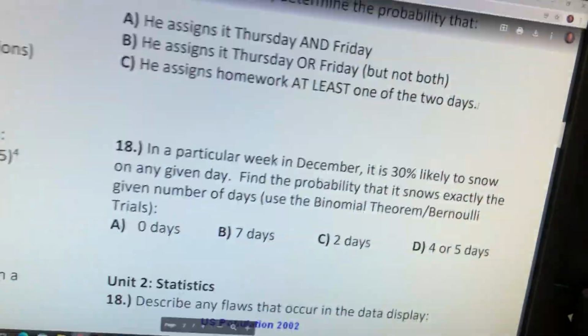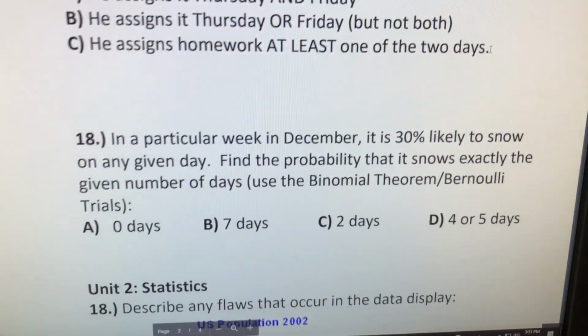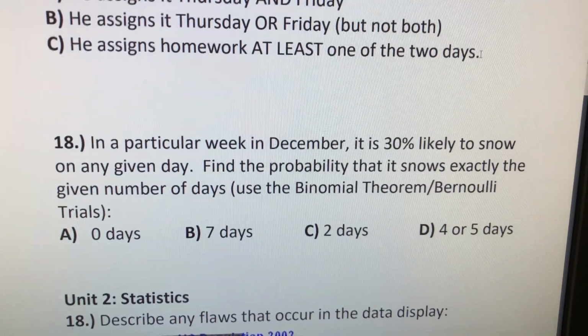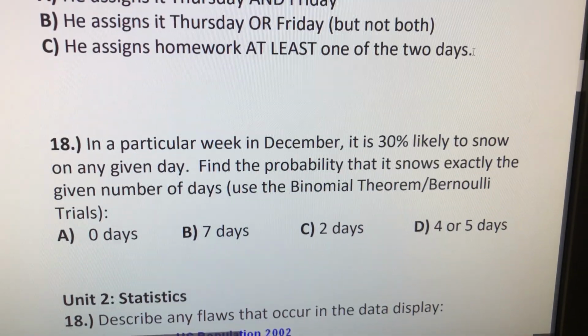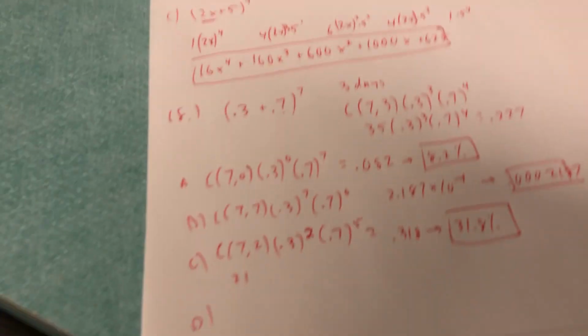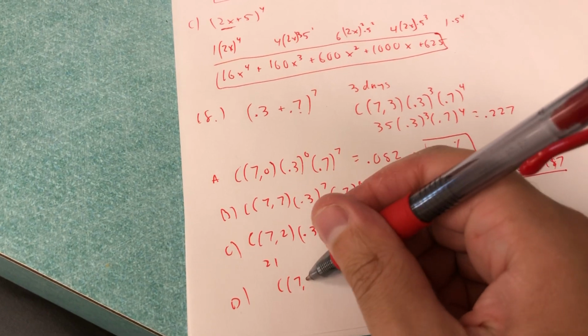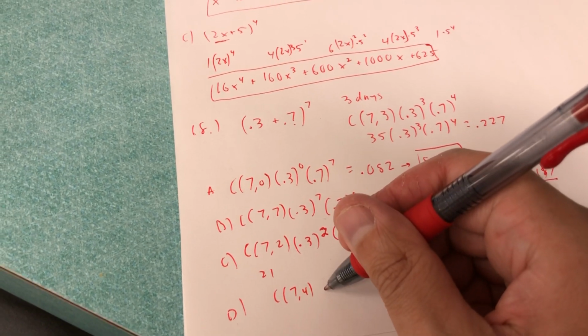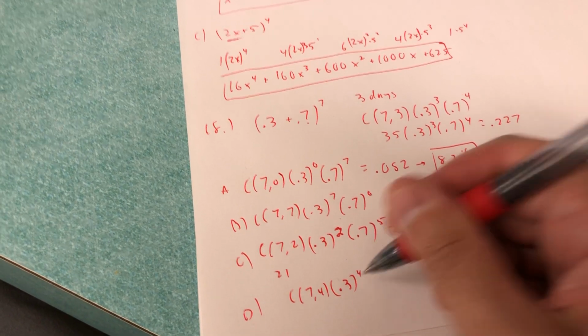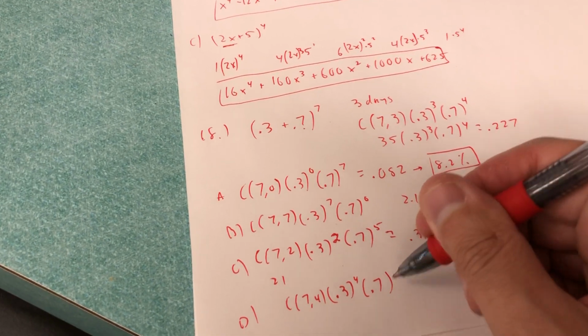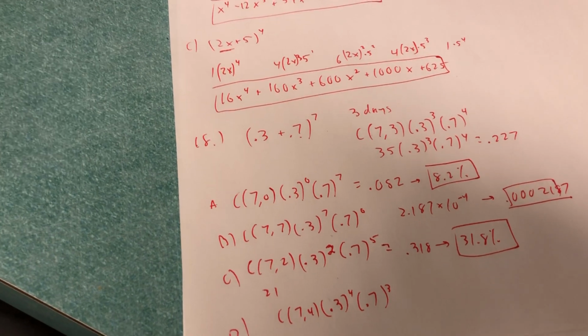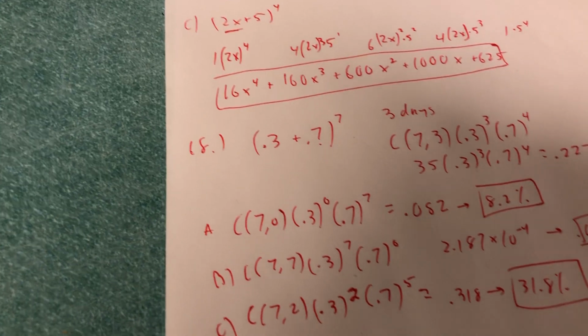Okay, D is 4 or 5 days. Okay, so that's an or, so we need to add our probabilities. So we want the probability of 4, and we want the probability of 5. So 4, that would be, we're doing 7 days, choose 4. You want it to snow 4 days, so that's a 0.3 chance happening 4 times. You want it to not snow 3 days, that's a 0.7 chance happening 3 times, okay?